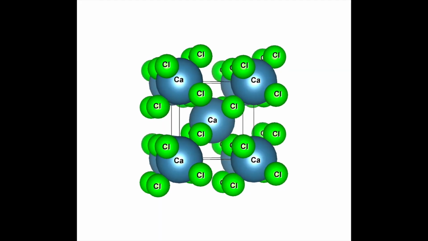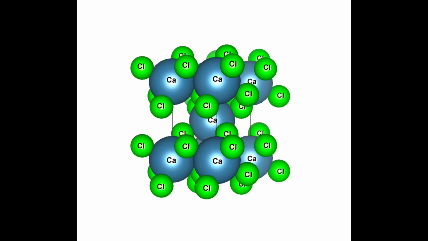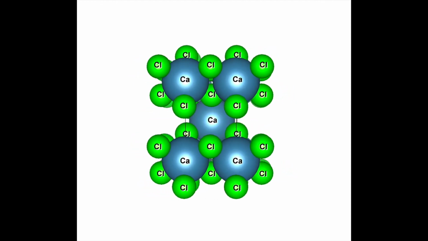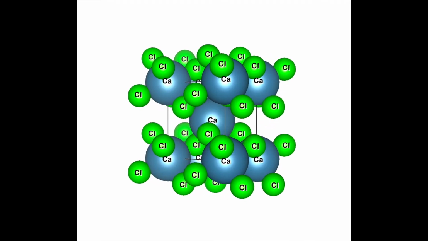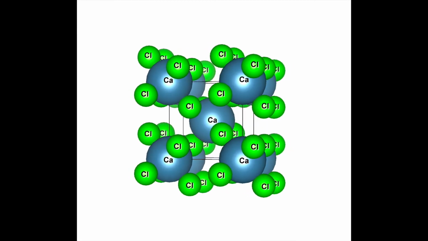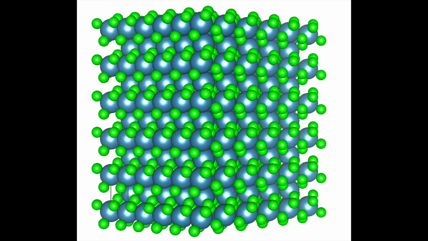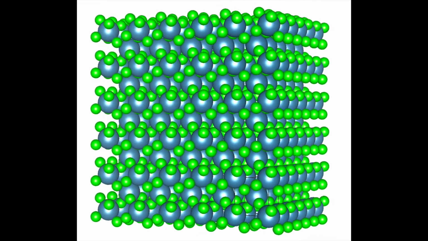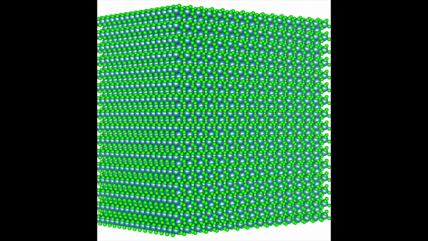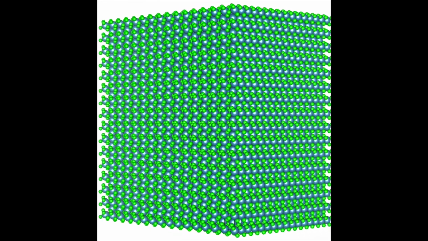They stick to each other in a repeating array. You can see here that calcium atoms get stuck in between chlorine atoms, and those chlorine atoms get stuck in between other calcium atoms. So you get a sort of lattice. This lattice repeats on larger scales, and then even larger scales, until the crystal, the lattice gets so large that we can see the molecule with our naked eye.